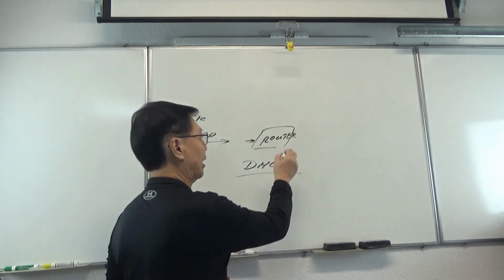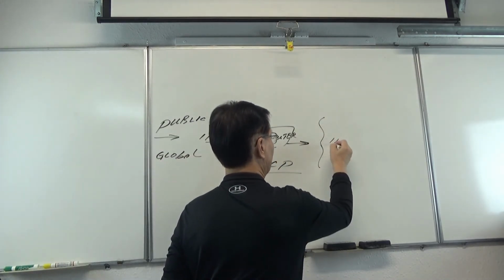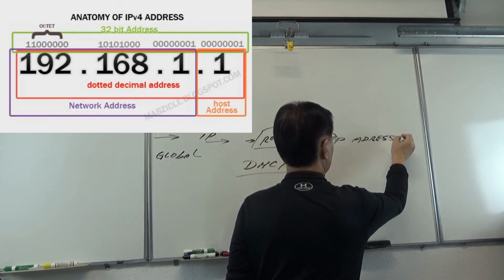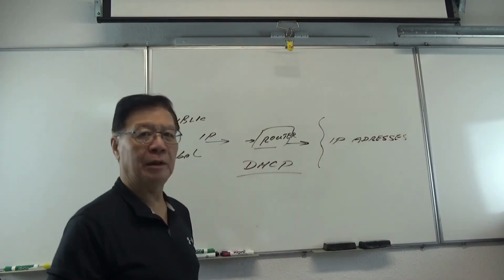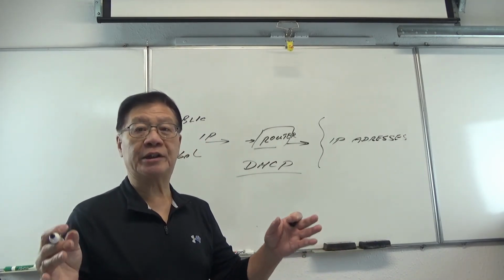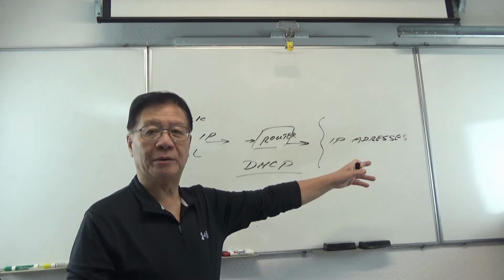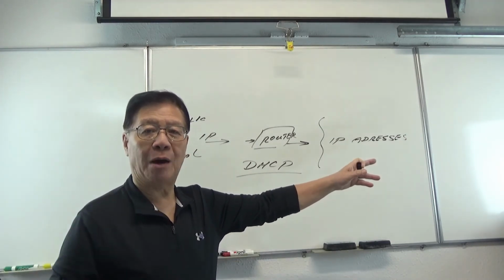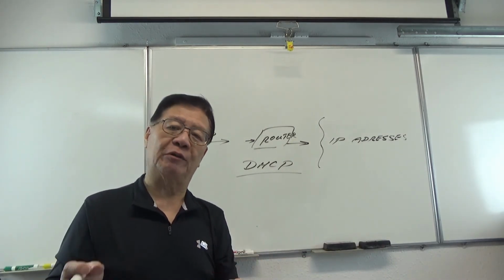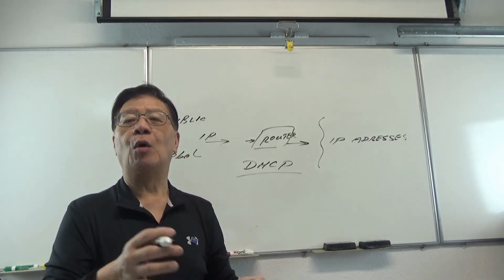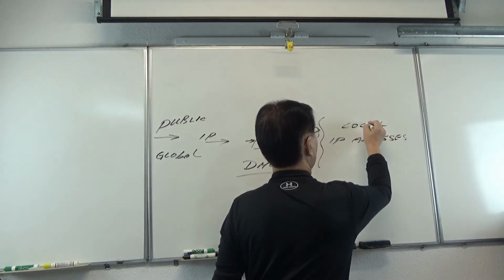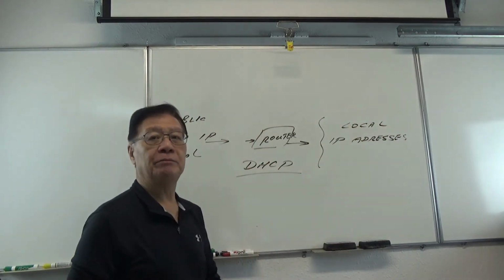Turning around, the other side issues many IP addresses, randomly. It doesn't have to be the same IP address for each item. Every time you start your router, it may randomly issue addresses, as long as all network devices have their own IP address. We call it a local IP address, instead of public or global.